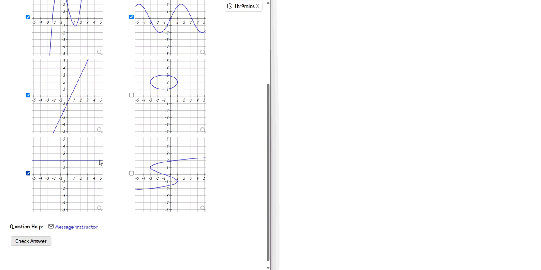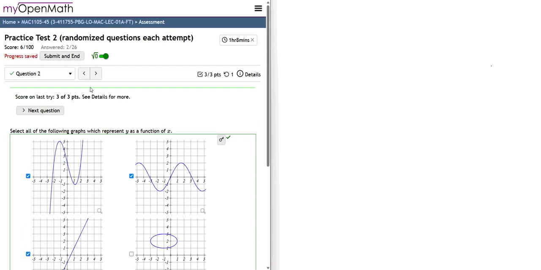The horizontal line passes the vertical line test, and this last one, again, the vertical line that goes through x equals -1 would touch the graph in more than one place, so that one also is not a function of x.